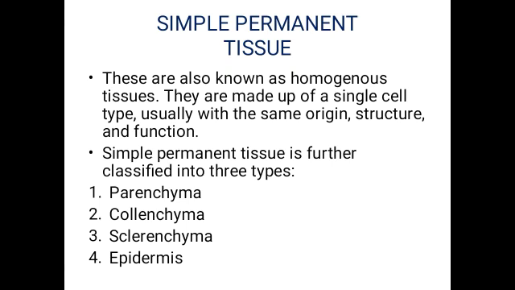They are made up of a single cell type, usually with the same origin, structure, and function. Simple permanent tissue is further classified into parenchyma, collenchyma, sclerenchyma, and epidermis.